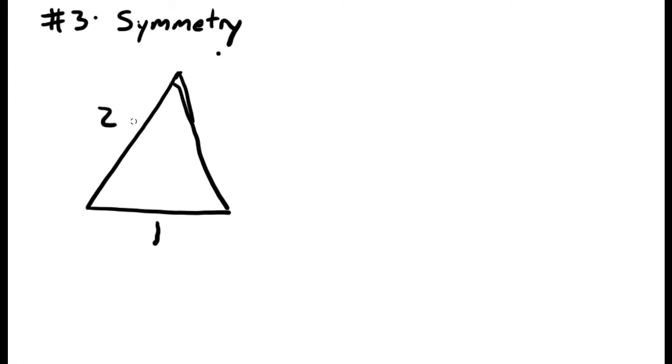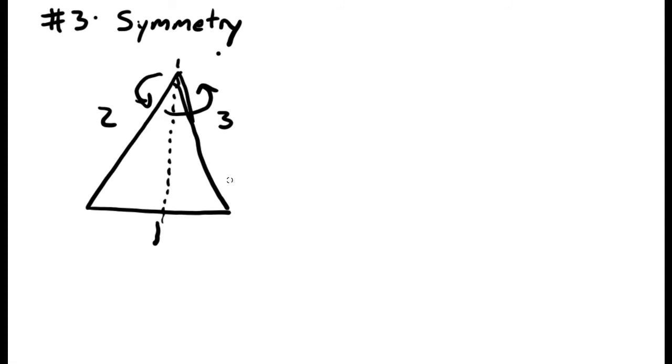There's surface 1, 2, and 3. Now this is a triangle, which means if we draw a line down the middle, then this triangle is the same on the left and the right. So if I were to flip it horizontally, like rotate it 180 degrees, so surface 3 was on the left and surface 2 is on the right, it would look exactly the same.